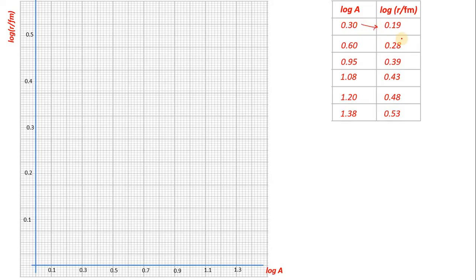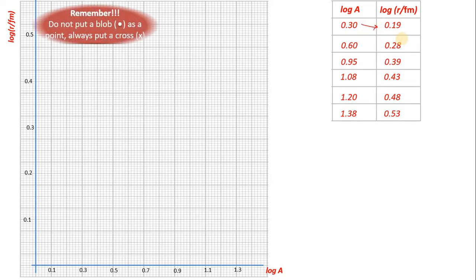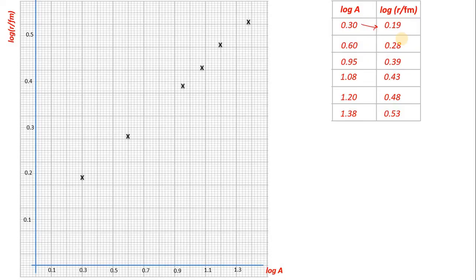So 0.3 is 0.19, and again, when you plot, this is just a reminder, do not put a blob. That's how you can put all the points using crosses, and then the best fit line is this. This is the best fit line. Now after that, we need to find the gradient.